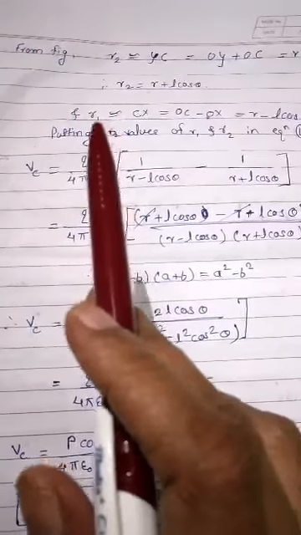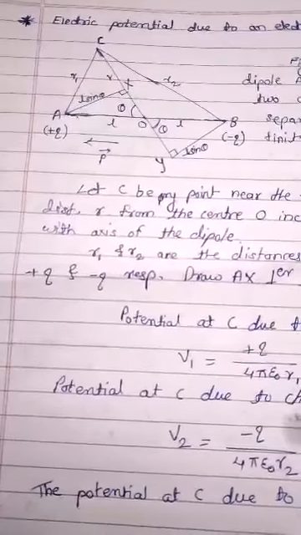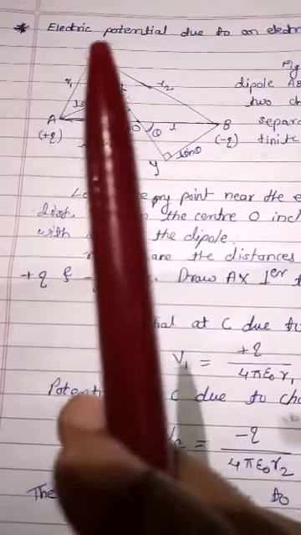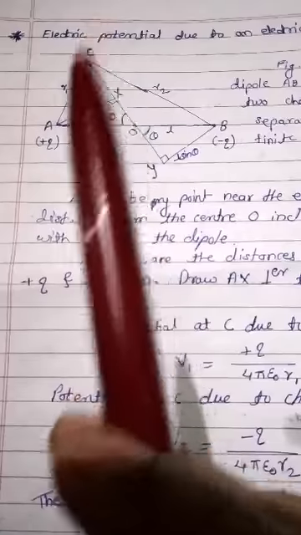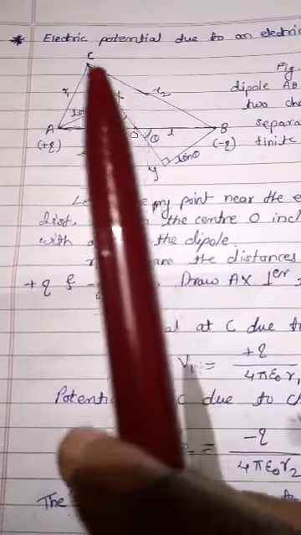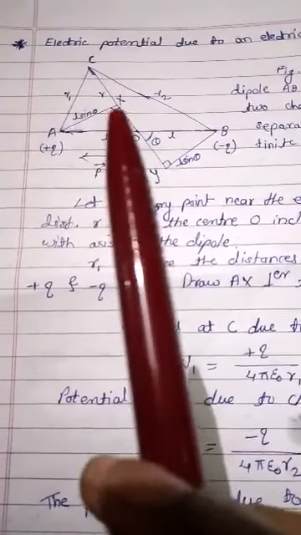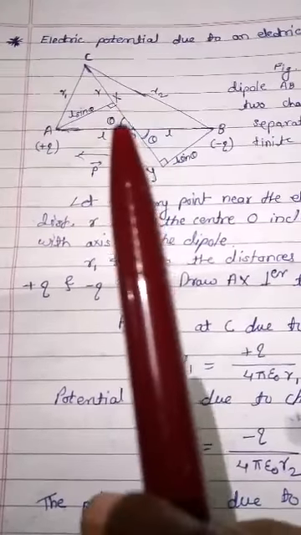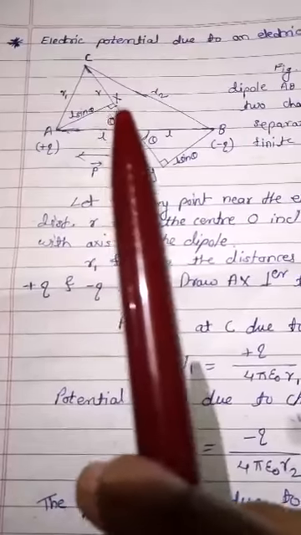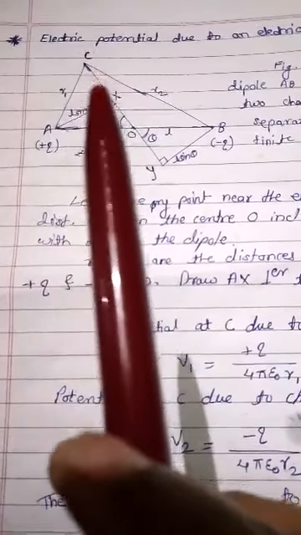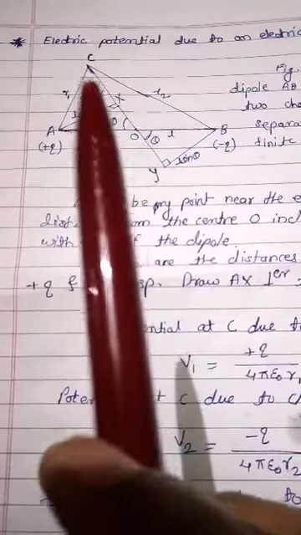Similarly, R1 is nearly equal to CX. Now CX means OC minus OX, because we are only getting this CX value.